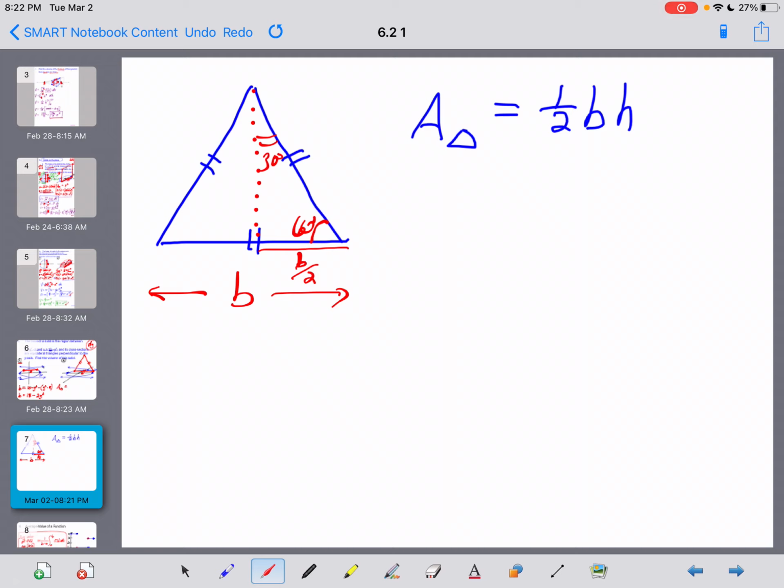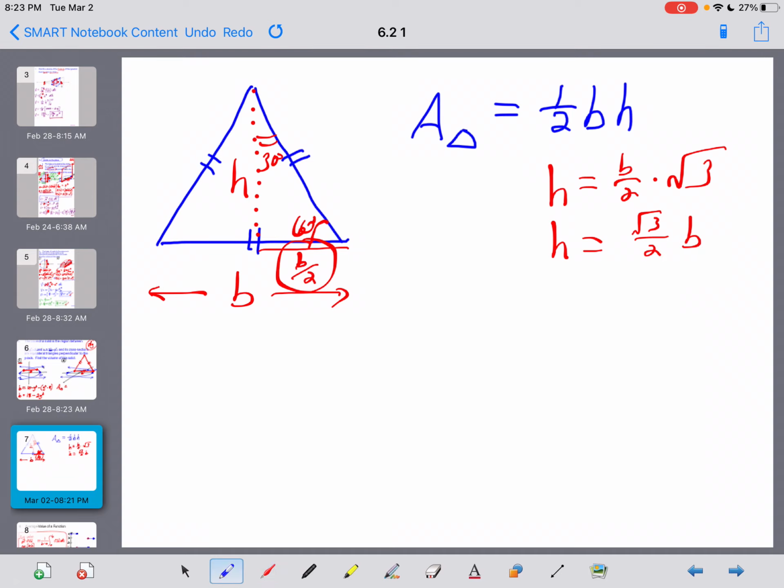This is a 30, 60, 90 triangle. So the height of this triangle here is your short leg, b over 2, multiplied by the square root of 3. Height is b over 2 multiplied by the square root of 3, otherwise known as root 3 over 2 times b.